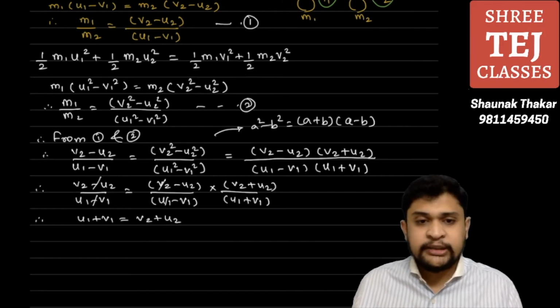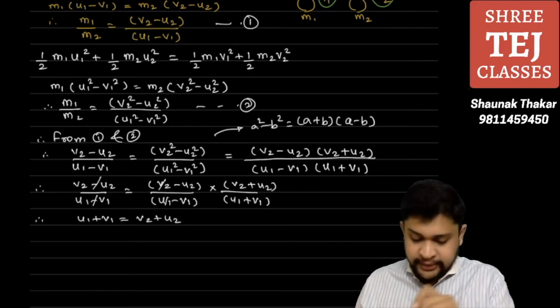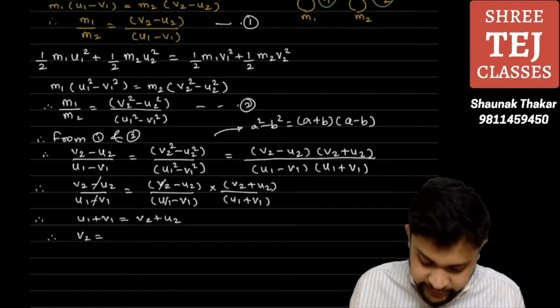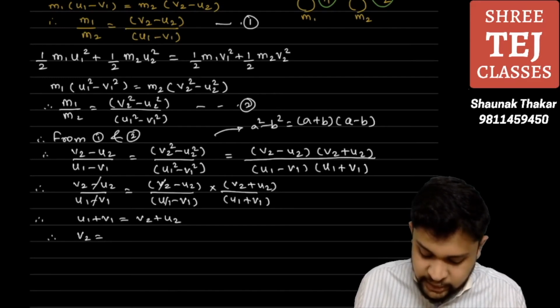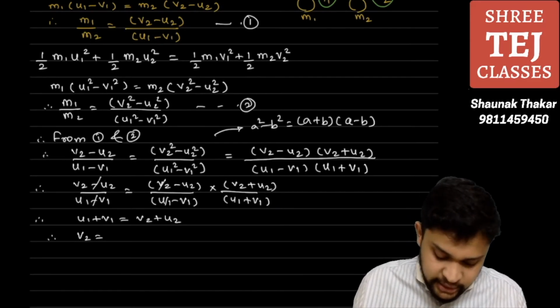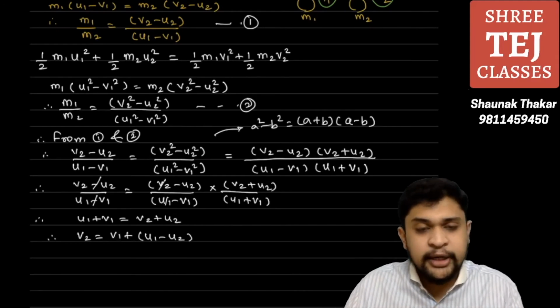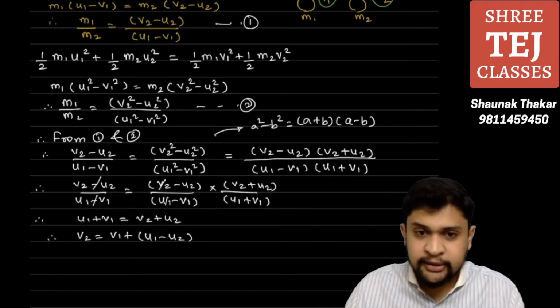Now we will write v2 in terms of u1, u2 and v1. Therefore v2 = v1 + u1 − u2. Okay, so now we have obtained v2 in terms of v1, u1 and u2, but that is not enough.